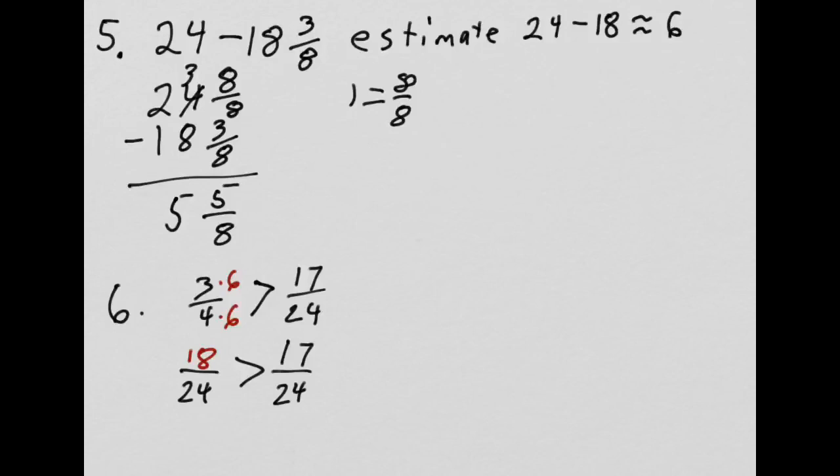So we've got a couple more. Let's erase that one. On to number 7. 7 is simplify 1/3 cubed times 54.